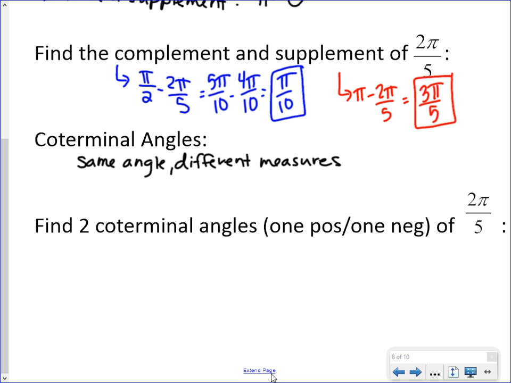Meaning, if you didn't have that little red arc telling you what direction you went, counterclockwise versus clockwise, or I went around one whole time and then some more, you wouldn't be able to tell the difference if that piece wasn't there. They look like exactly the same angle. The terminal side is in the exact same spot in whatever quadrant. Okay? So it really is the same angle, just a different measure.